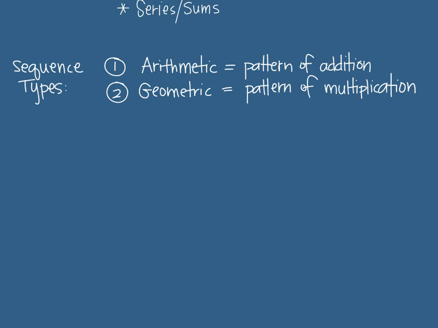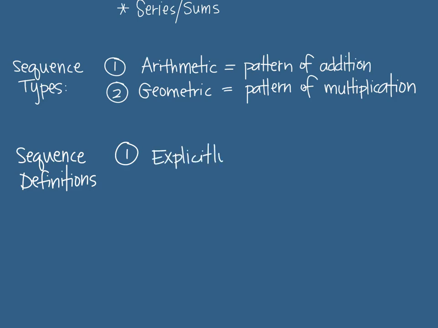After you define the type of sequence, there are sequence definitions. There are 2 of those also. They are either defined explicitly, and an explicit sequence uses the variable n.